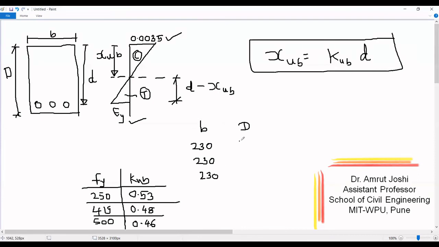The depth varies. Let us consider it as effective depth and not overall depth. Let us say the depth varies from 300 for the first beam, 450 for the second beam, and 600 for the third beam.